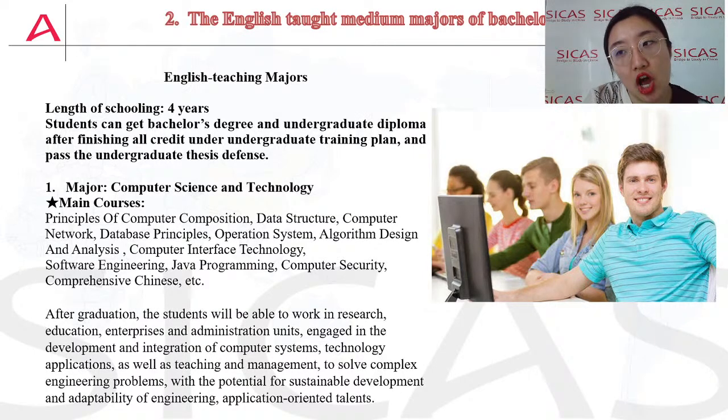The main courses offered are Principle of Computer Composition, Data Structure, Computer Network, Database Principle, Operation System, Algorithm Design and Analysis, Computer Interface Technology, Software Engineering, Java Programming, Computer Security, Comprehensive Chinese, and etc.